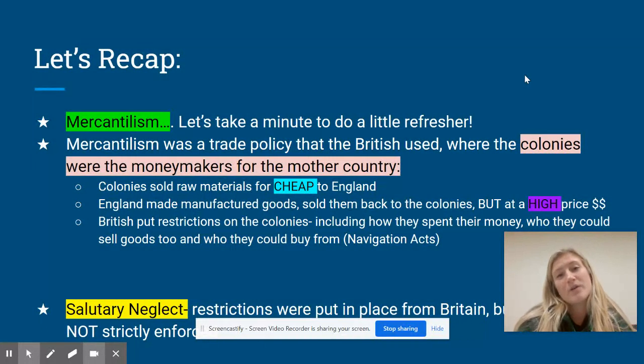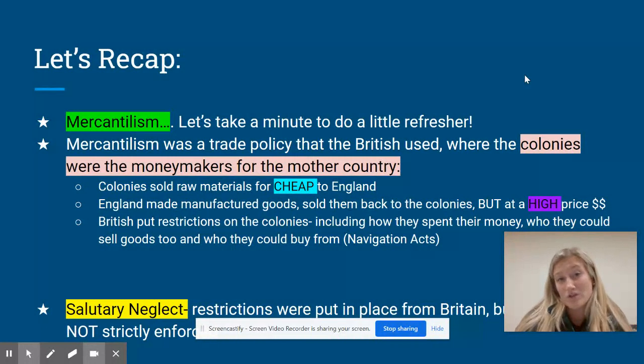Also, we see that the British put restrictions on how the colonists could make money, how they could trade, who they could trade with, etc. So this is in correlation with the Navigation Acts that we addressed in class. So the Navigation Act set up a couple different rules, including that the colonists could only trade with the English.